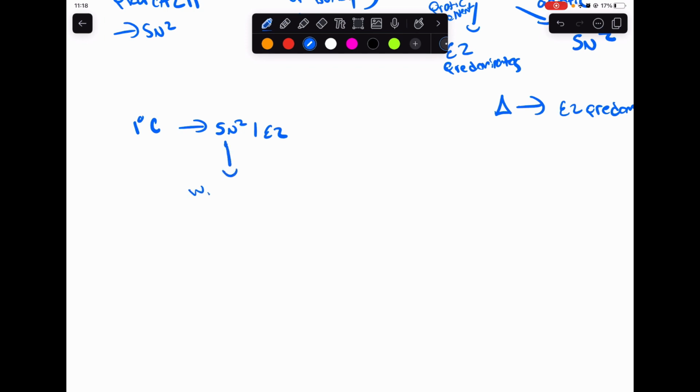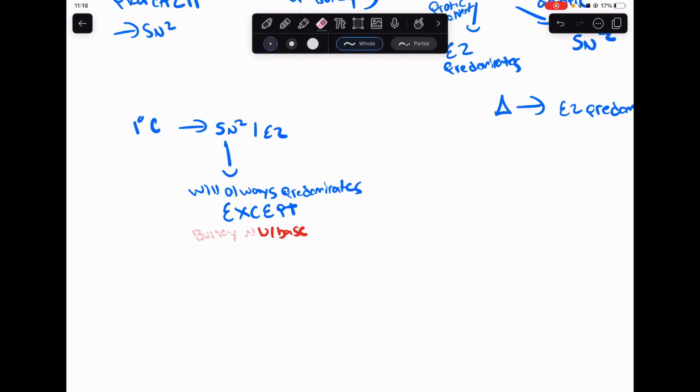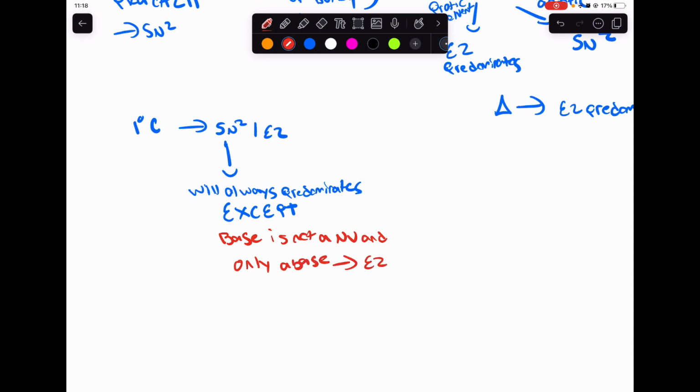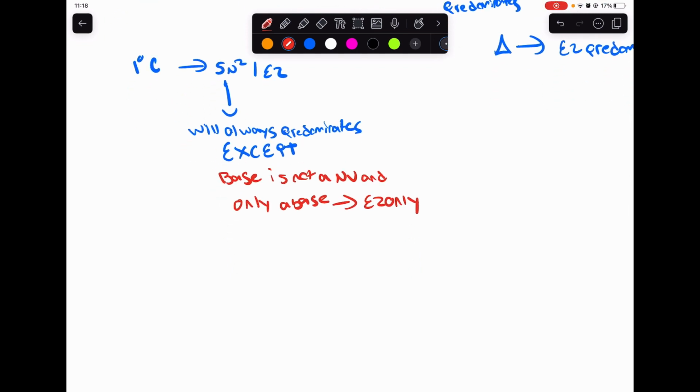SN2 will always predominate, except if it's a bulky nucleophile or base, if the base is not a nucleophile and only a base, E2 only, or if heat exists, E2 is favored.